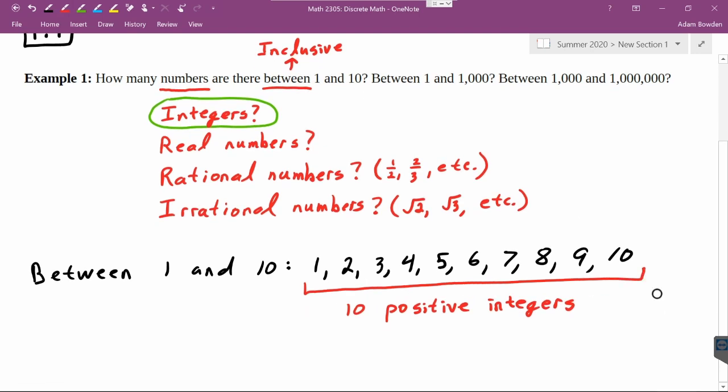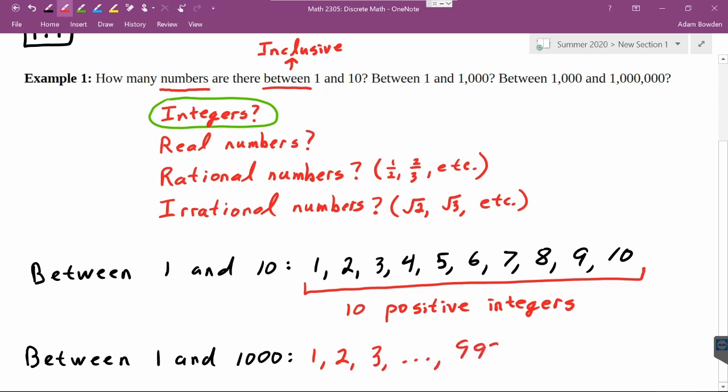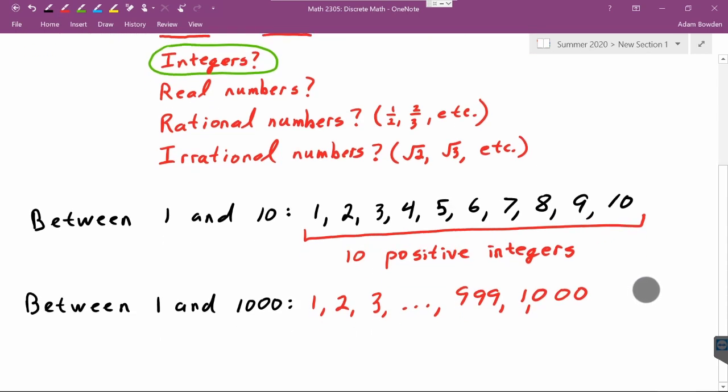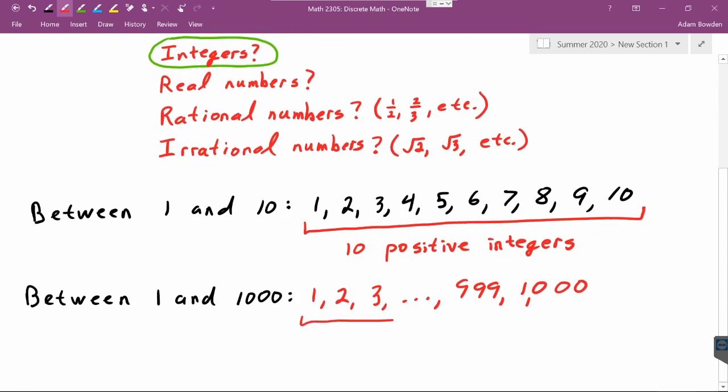This also applies to between 1 and 1,000. There would be 1,000. We could write them out if we want to, but it's pretty clear to see if we go from 1 and then go 1, 2, 3 up to 999 and 1,000, we're going to have 1,000 positive integers there.